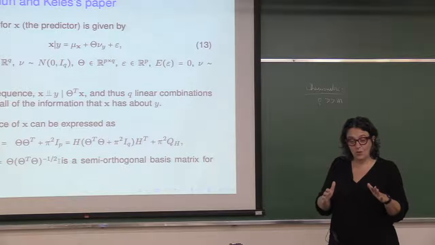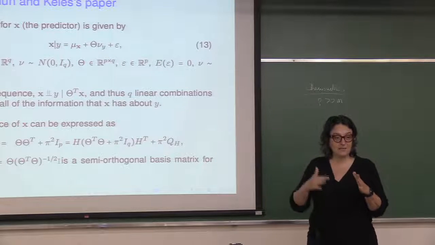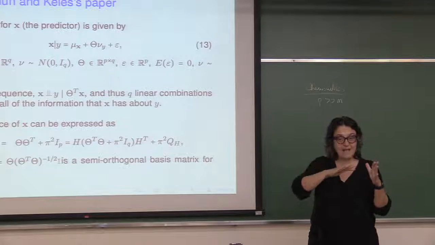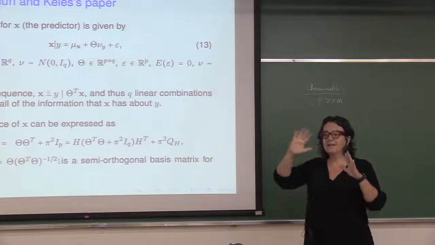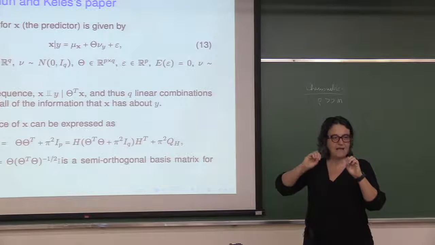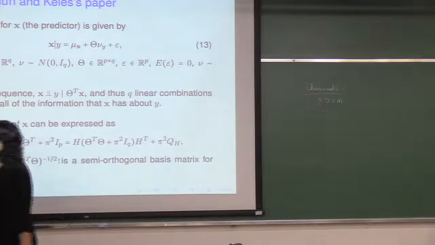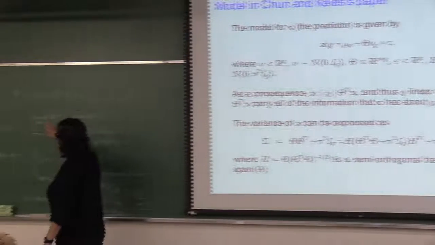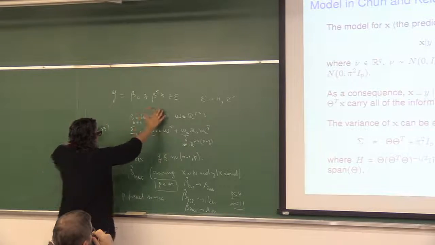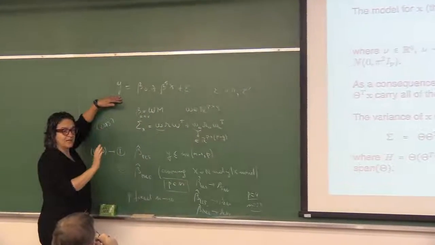But even so, in order to make progress in sufficient dimension reduction, to study Y as a function of X, forget now about linearity, Y is not necessarily linear in X. You don't know the linear model. I'm talking about a more general theory.